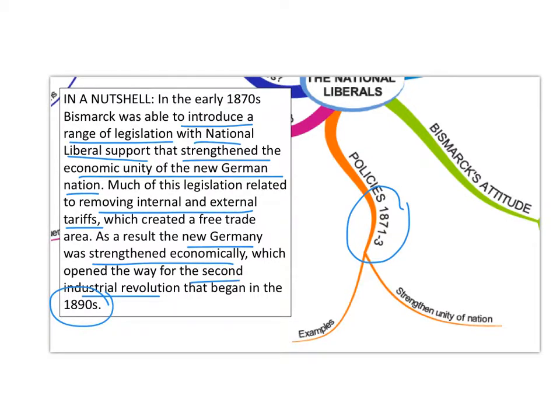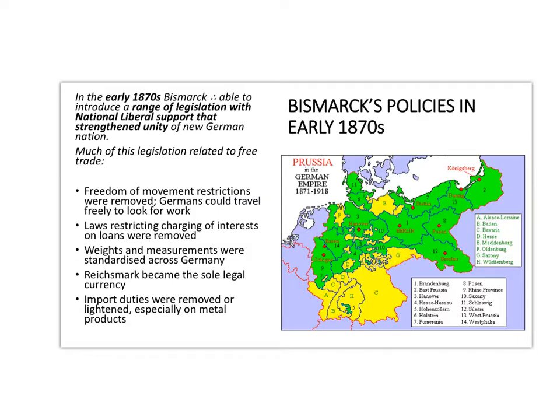Okay, the first industrial revolution was in the 1850s and 60s. And what Bismarck was doing here is strengthening the economy, which prepared the way later on for a further boom in Germany's industry, in particular in the 1890s.